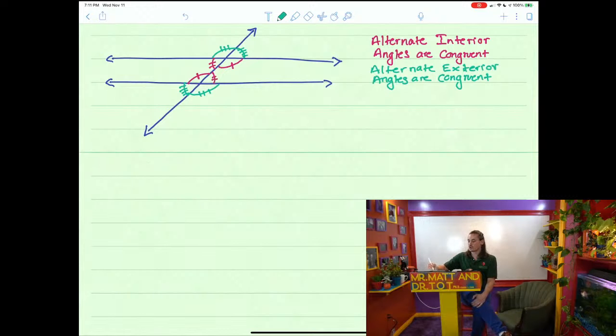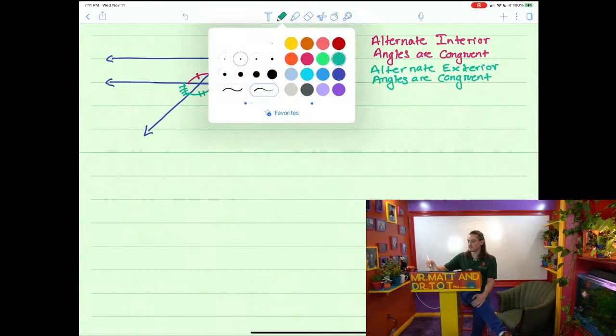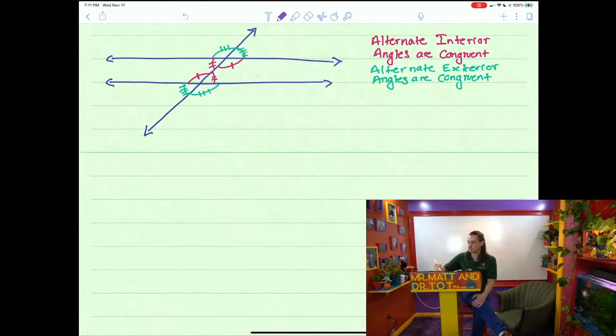Consecutive angles are supplementary. So for example, I'm just going to draw circles. If they're supplementary, that means that they add up to 180.